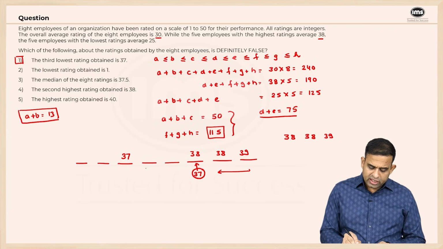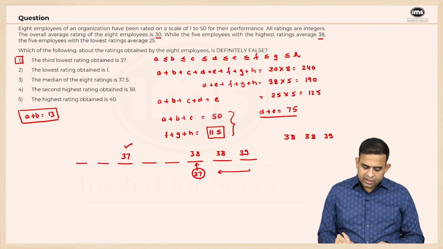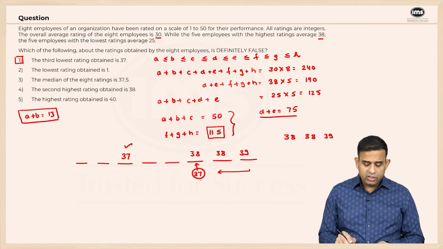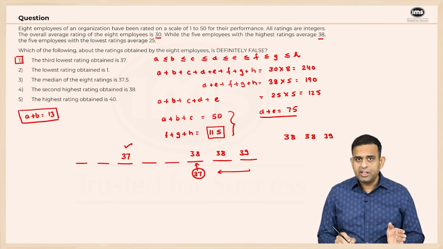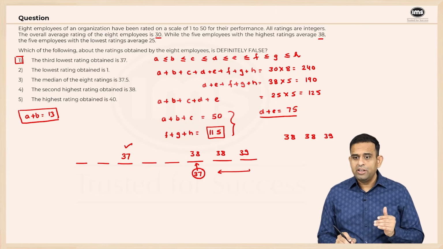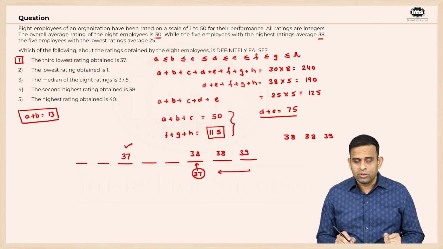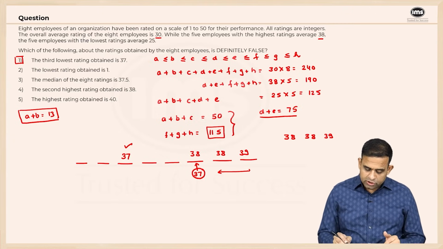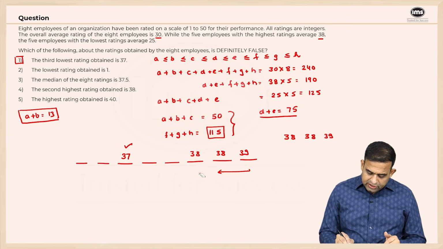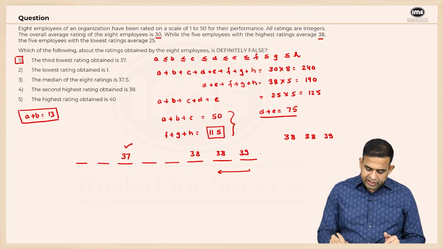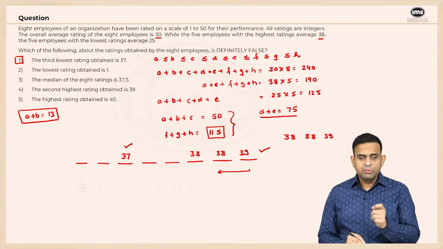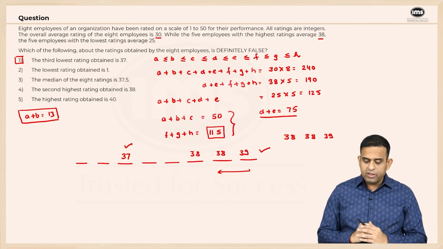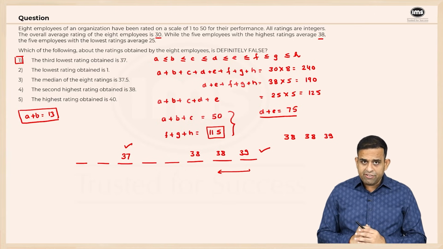But in that particular scenario, since the third lowest and third highest become the same, the middle two also need to be equal, 37, 37 each. But that will take D plus E to 74, and I want D plus E to be equal to 75 over here. So with that in mind, if this number is 38, it is very much possible to give you F plus G plus H as 115 and D plus E as 75.